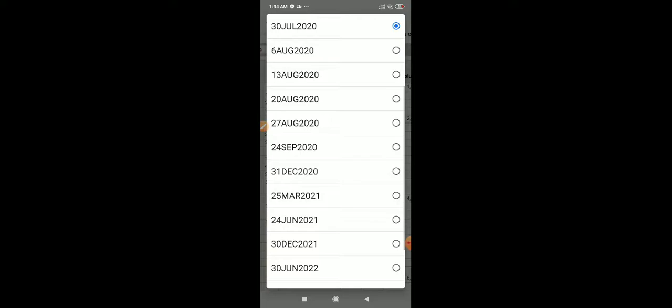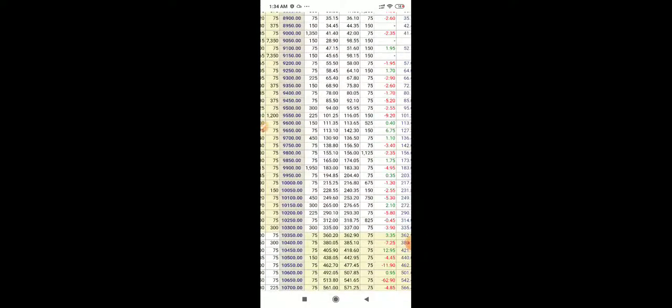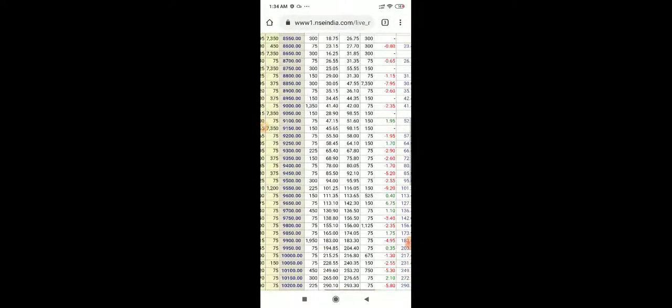In option chain, we need to select monthly strikes. We should not select weekly strikes. Monthly strikes are better. Here we will select 9,000 strike.